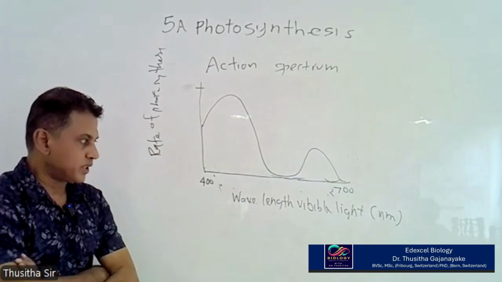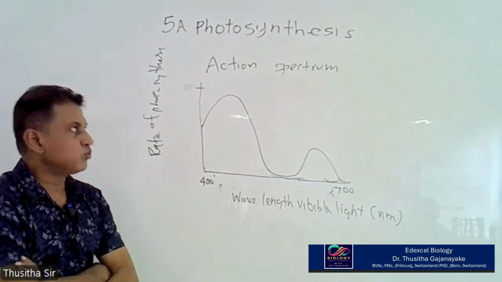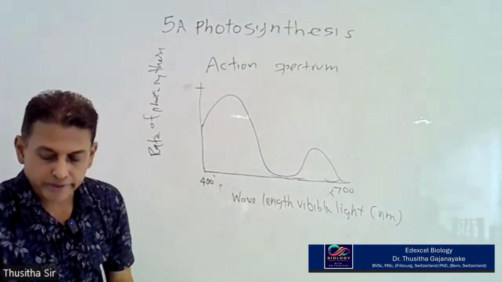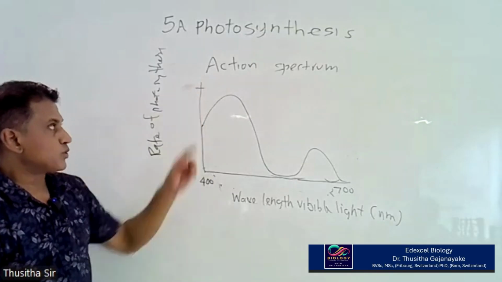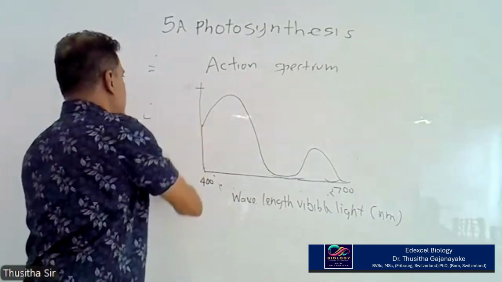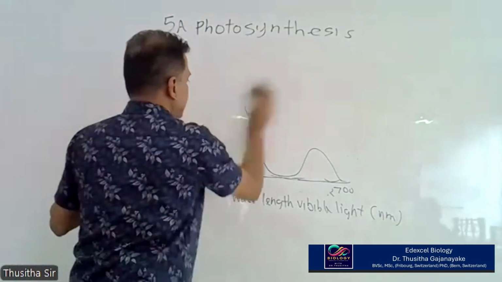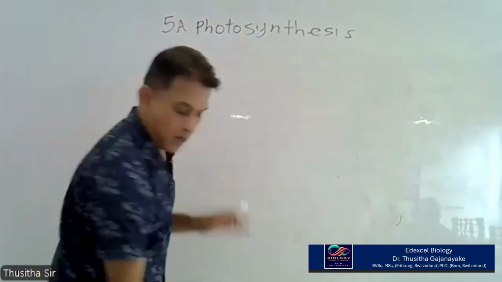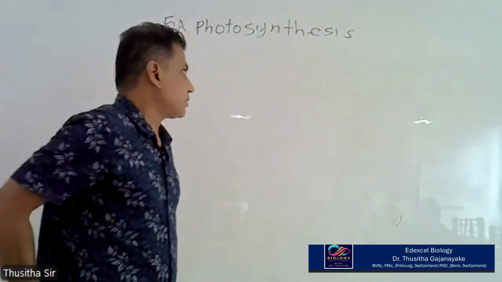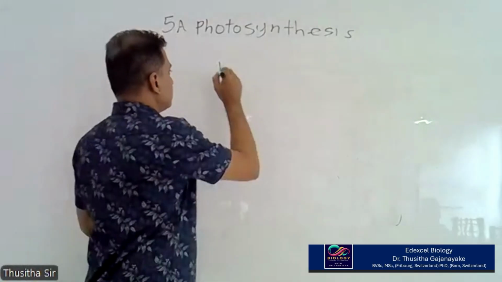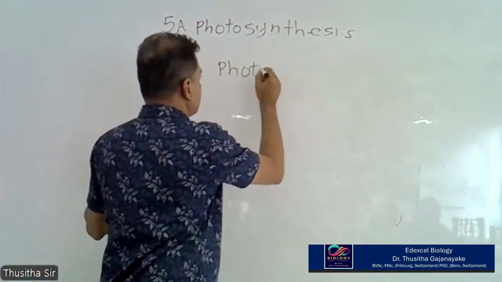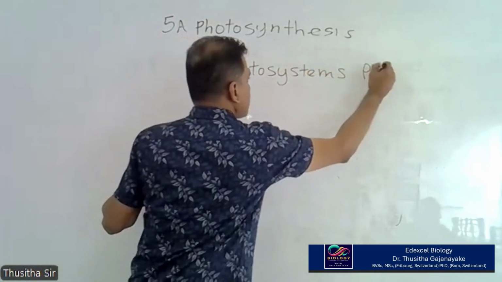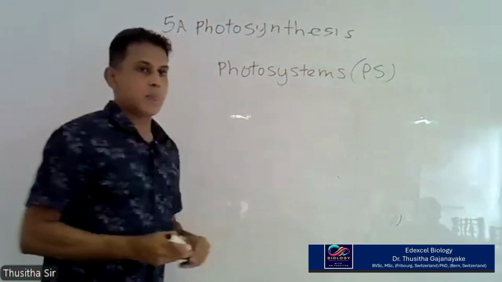So one more thing to finish. After we learn one important thing, only then are we going to learn the reactions of photosynthesis step by step. So there is a small thing to learn, that is called photosystems, abbreviated as PS.